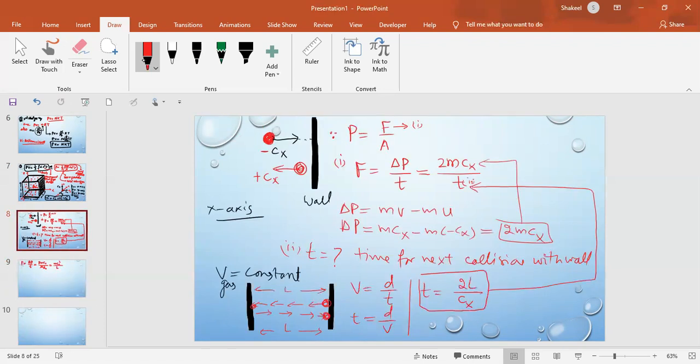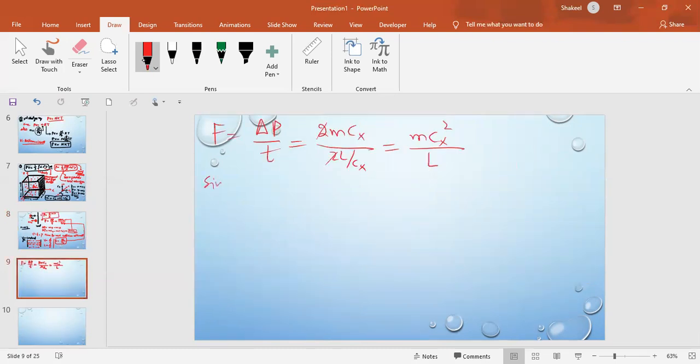Now you have to get back to the main pressure expression, so you have to insert the force value over there. Since pressure is force over area, putting the value of force gives you mcx square over L into A. And you know L into A is actually the volume. So it is mcx square over volume.